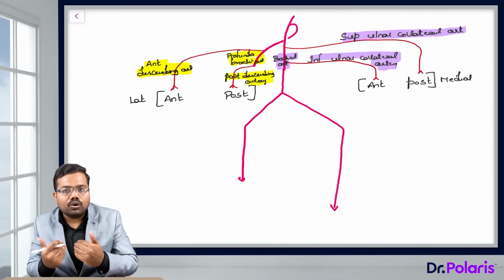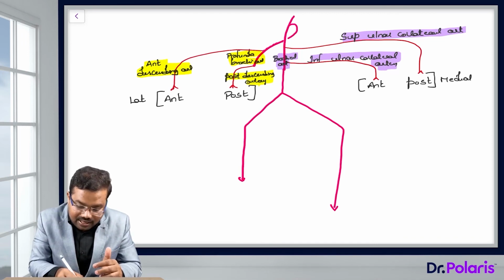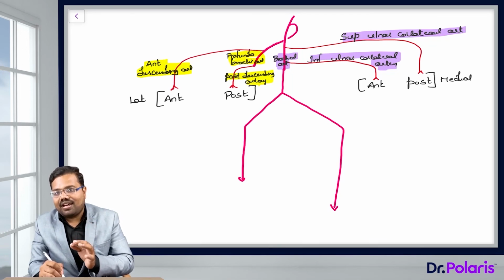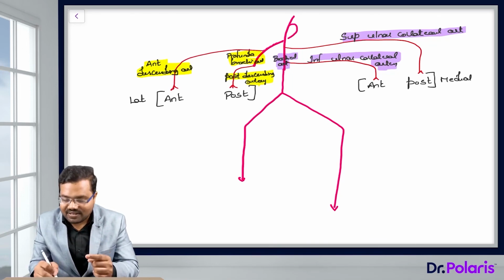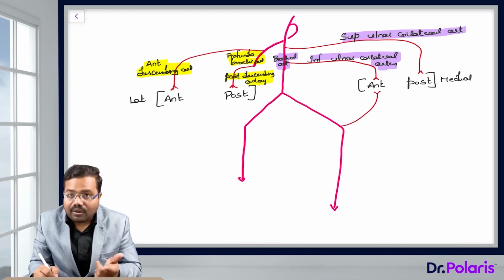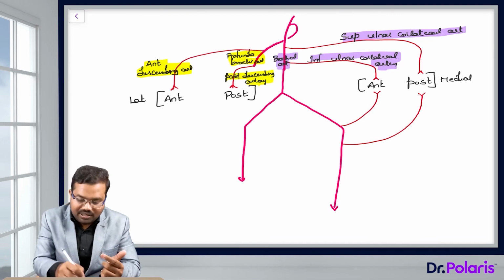Now, how the lower parts, the radial and ulnar arteries, contribute is that the ulnar artery gives the anterior ulnar recurrent and posterior ulnar recurrent. That's what we had discussed in the branches. So the anterior ulnar recurrent will go and anastomose on the anterior side of the medial elbow joint, and the posterior ulnar recurrent will be on the posterior side of the medial side of the joint.